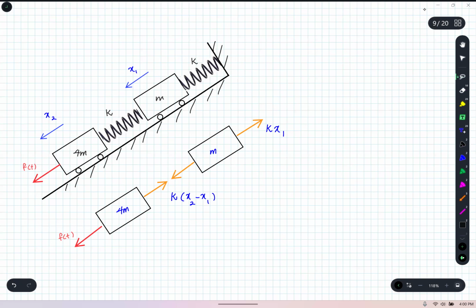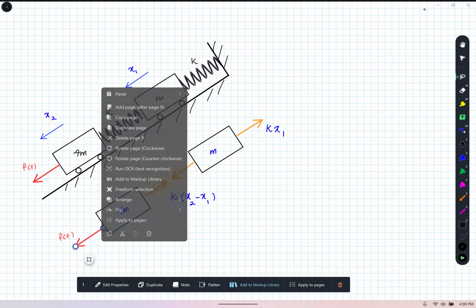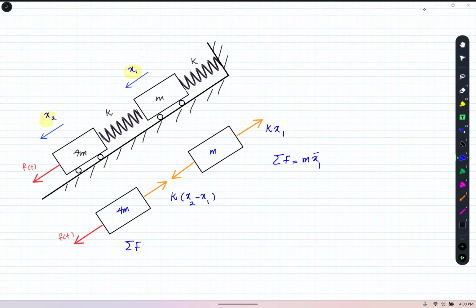And I have my external load there. Since my coordinates are in that direction, I just write the Newton law for x double dot 1, and the Newton law here, where my mass is 4m x double dot 2.